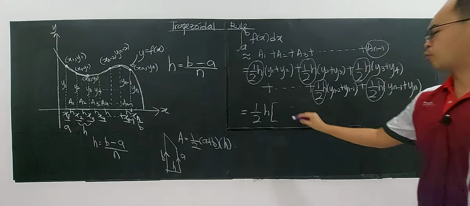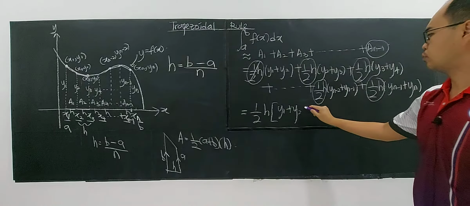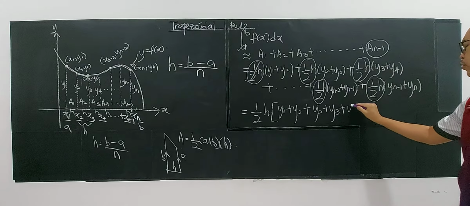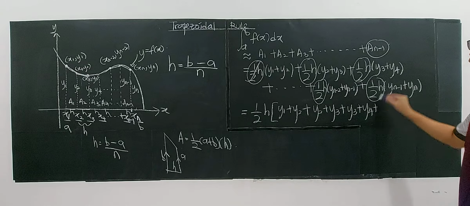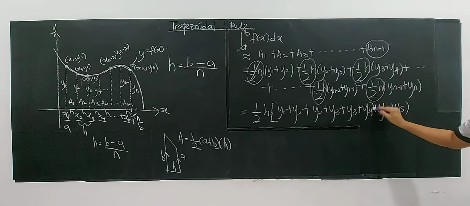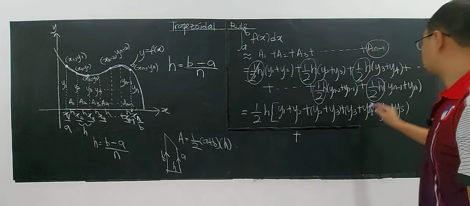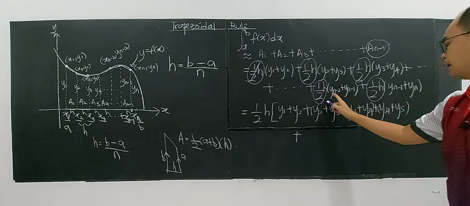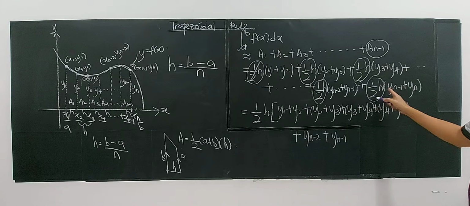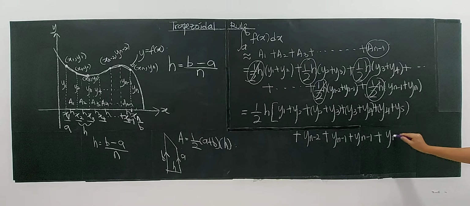The remaining is y1 plus y2, plus y2 plus y3, plus y3 plus y4, and if you continue, y4 plus y5, and so on, up to yn minus 2 plus yn minus 1, plus yn minus 1 plus the last one, yn.